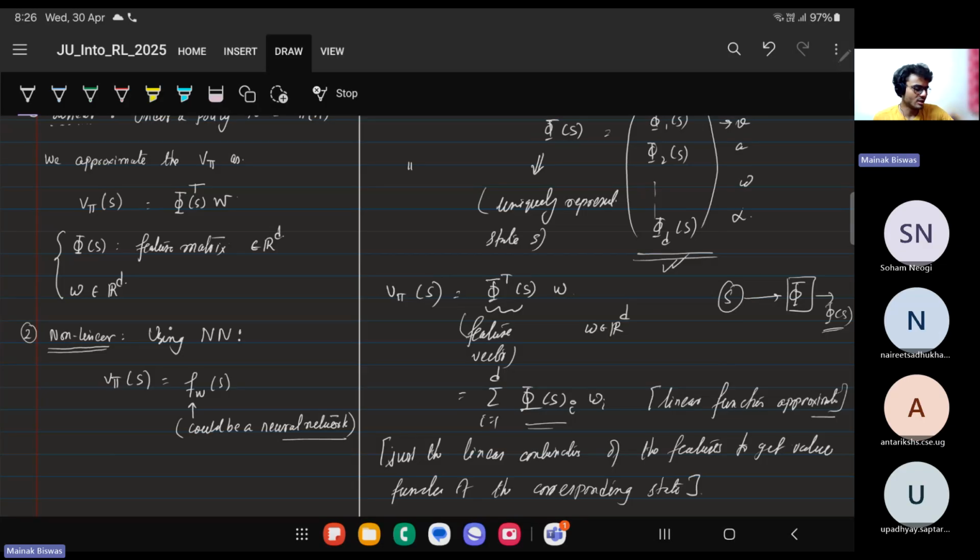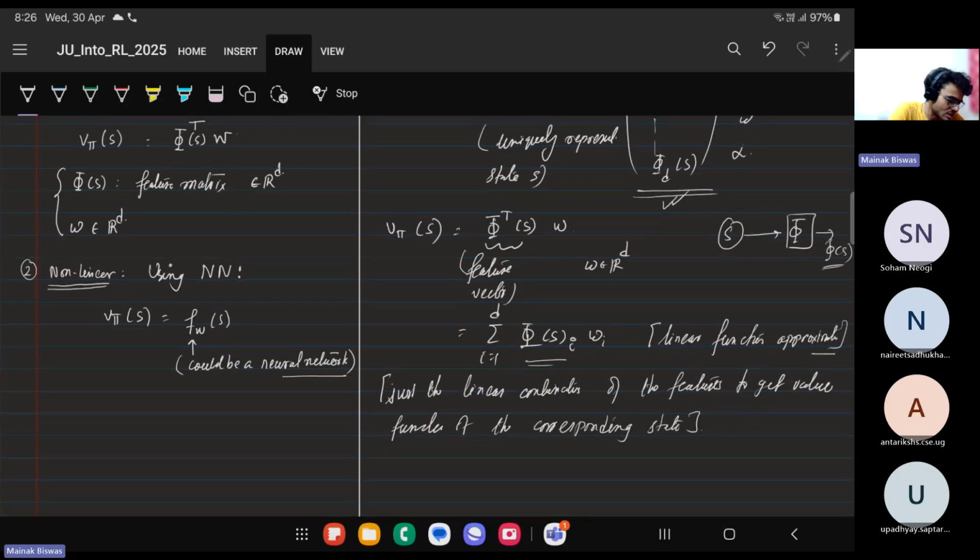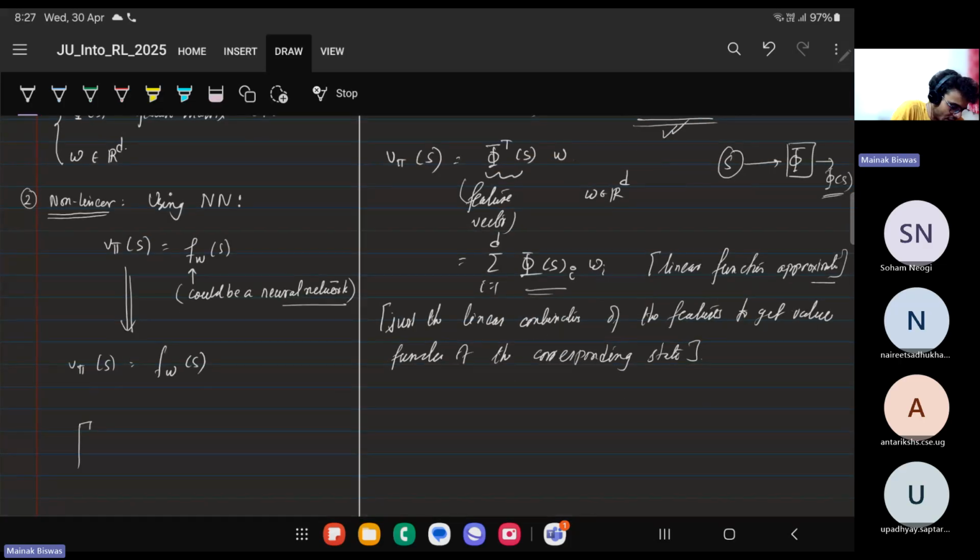Now I'll wait for a moment. Okay, before even waiting, I'll just say that this could also be done similarly. V pi of s could also be passed through a neural network, because we have done neural networks greatly in the last course. If s belongs to R to the power d, this could be passed through a neural network f_w, and this again could give me a value function f_w of s.